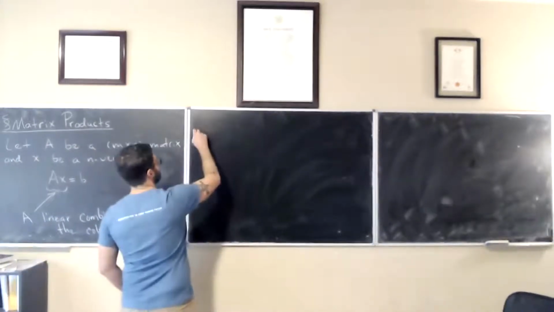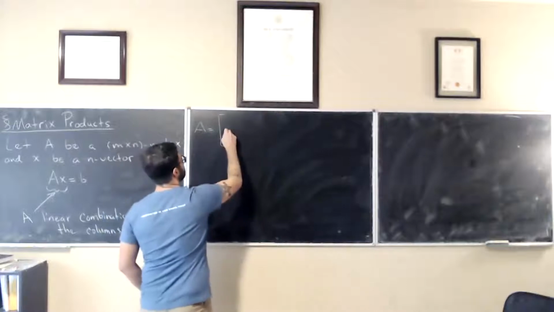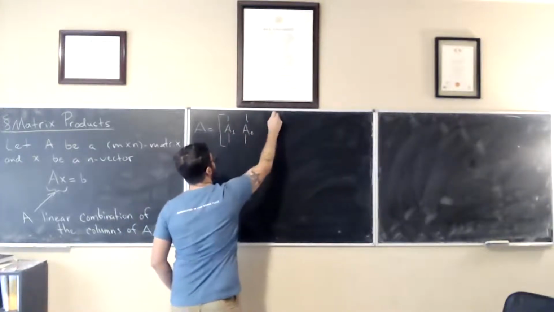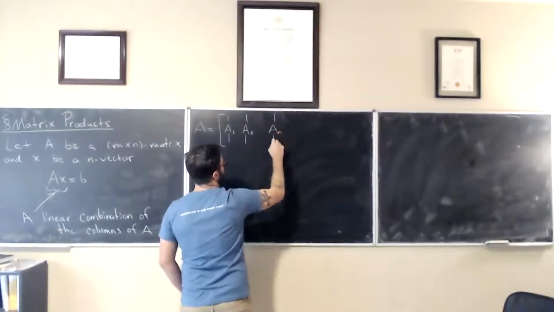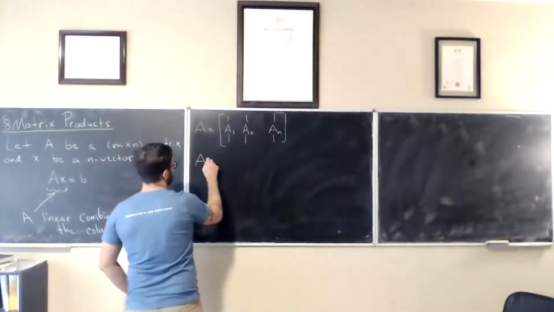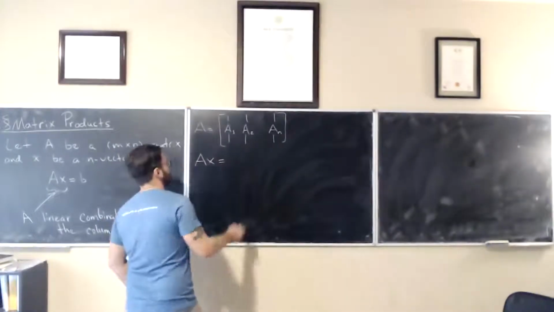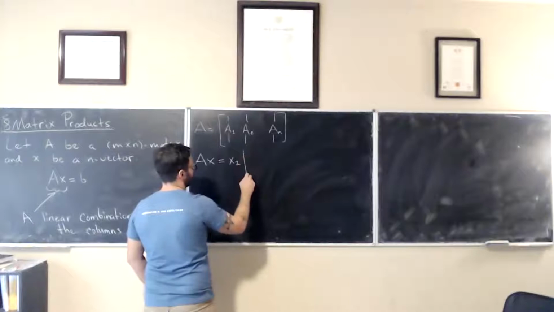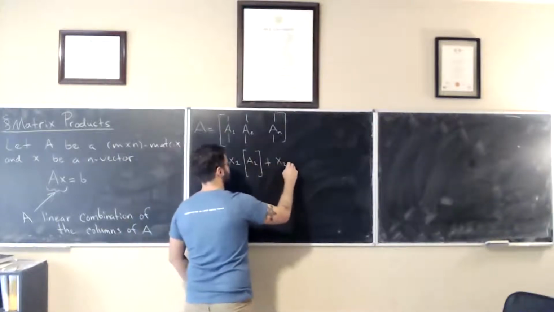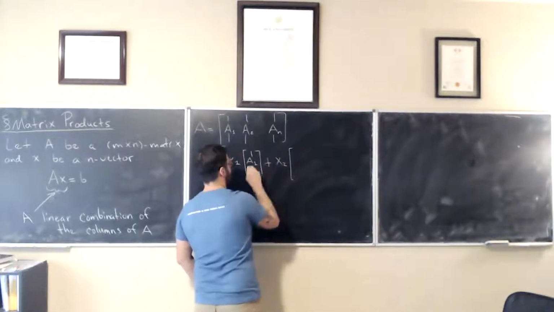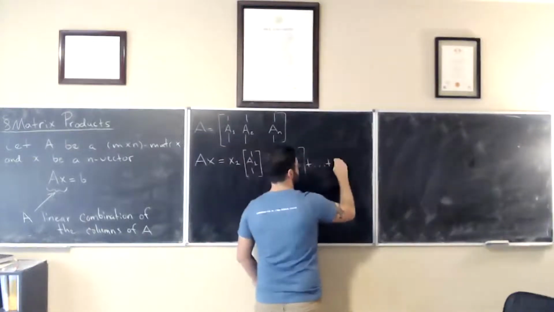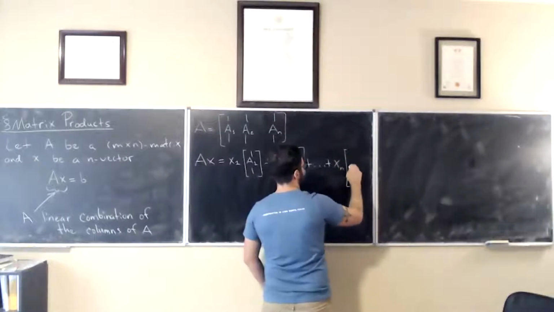So by that I mean, if A is written in columns, if A looks like that, then A times X is equal to X1 times A1 plus X2 times A2 plus dot dot dot plus Xn times An.